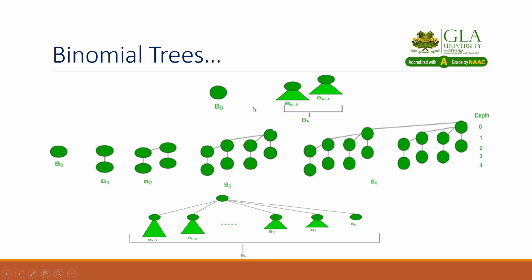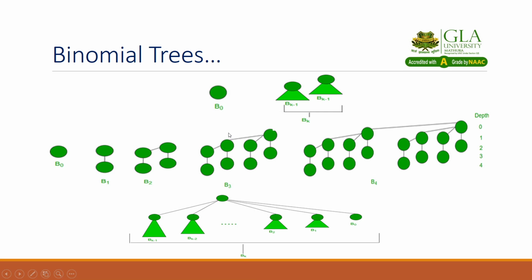Now in this example, B0 will have one node, and Bk will be constructed with the help of 2 Bk minus 1. B1 will be constructed with the help of 2 single nodes, that is B0, B0. B2 will be constructed with the help of 2 B1. Then B3 will be constructed with the help of 2 B2.